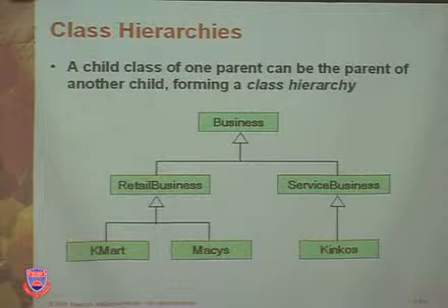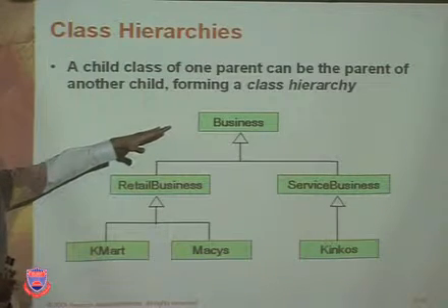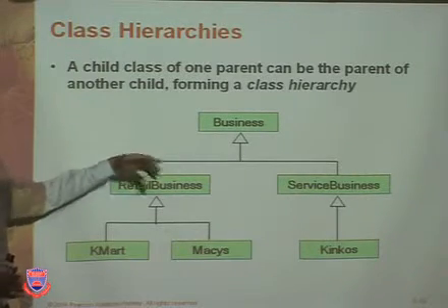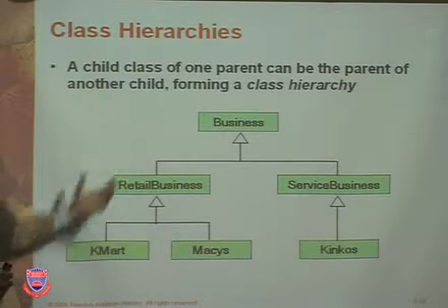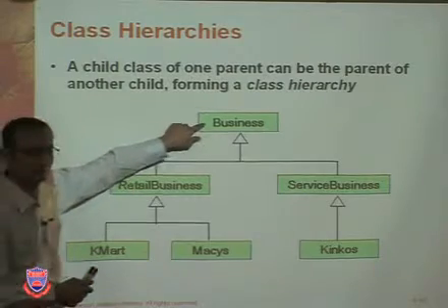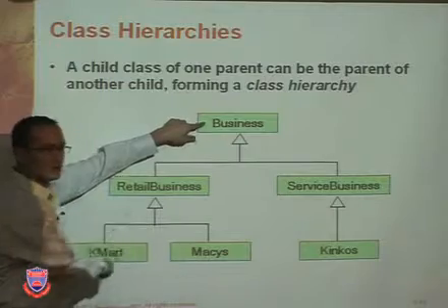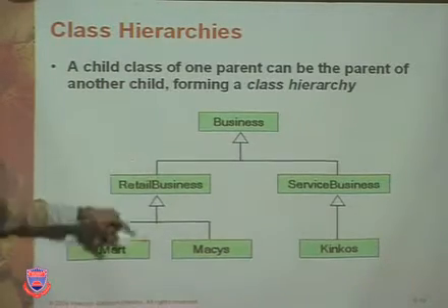A good hierarchy can be designed by moving the common things as high as possible on the tree. So if you have, let's say, a business manager that is available in all of these, you would like to have it implemented within the business class, so that it is available to all the inherited classes from that point on.